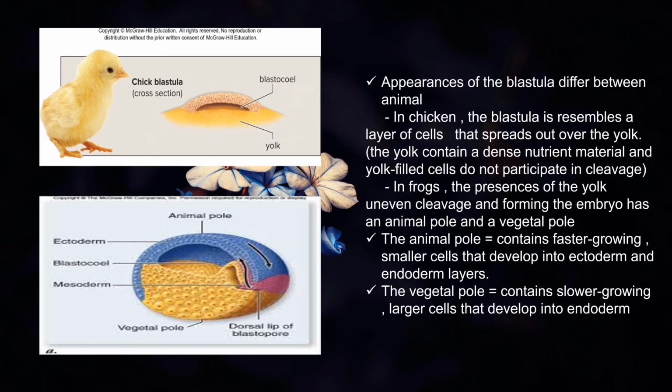We can see in the second picture, the animal pole is blue and the vegetal pole is yellow. The animal pole has smaller cells that develop into the ectoderm and endoderm layers and grow faster. The vegetal pole has larger cells that develop into endoderm and grow slower.